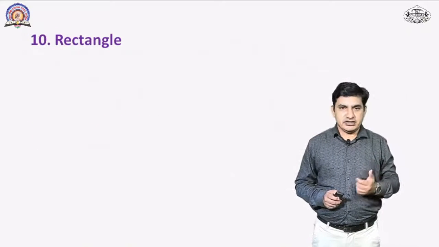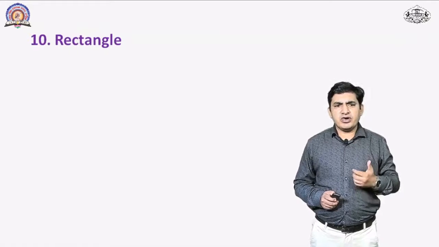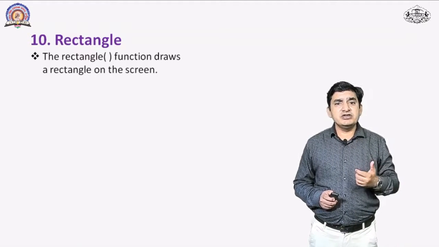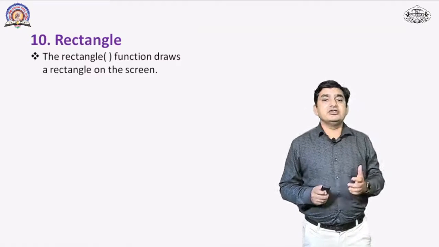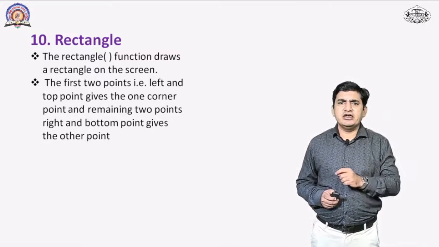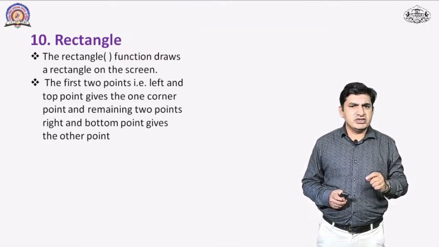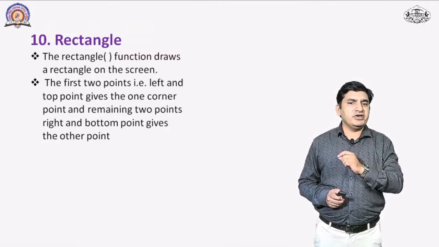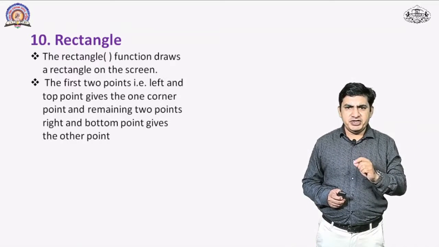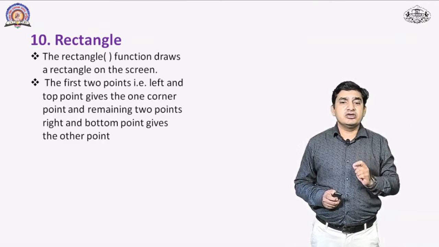Now, rectangle. We have to draw a rectangle. The rectangle function draws a rectangle on the screen. The first 2 points, that is left and top, give one corner point, and the remaining 2 points, right and bottom, give the other corner point.